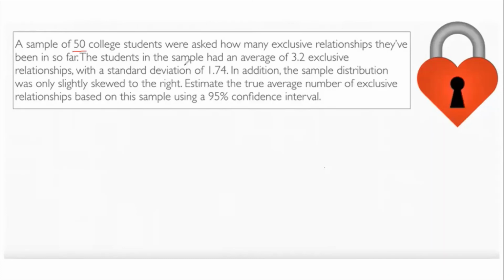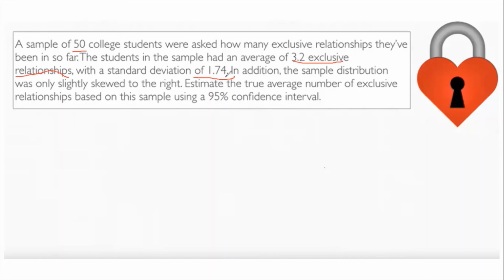The students in the sample had an average of 3.2 exclusive relationships, meaning they have been in 3 to 4 relationships, with a standard deviation of 1.74.